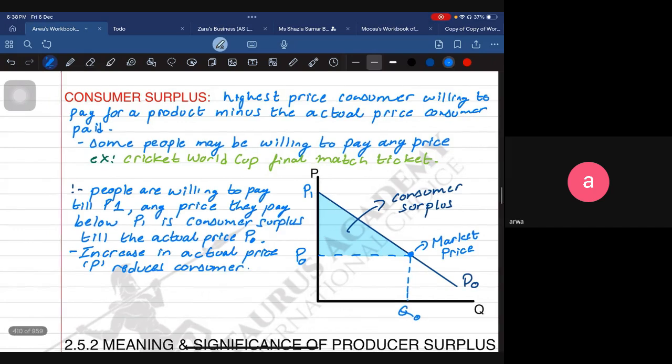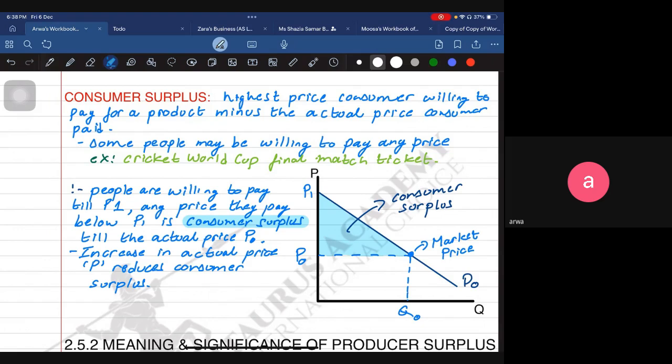So you have done this topic well in class then, or you have understood it on your own? Yeah, on my own. So this is the consumer surplus here. You can make the diagram.